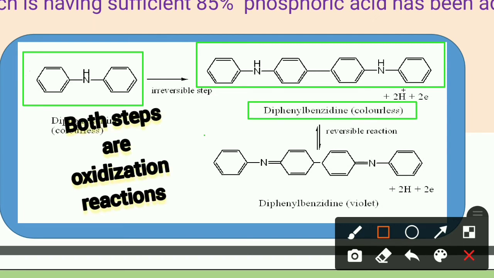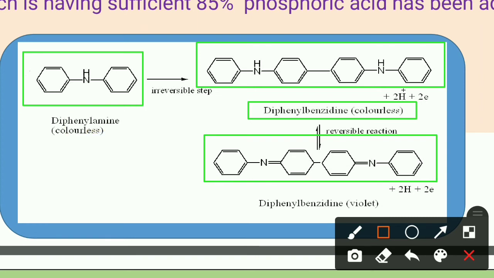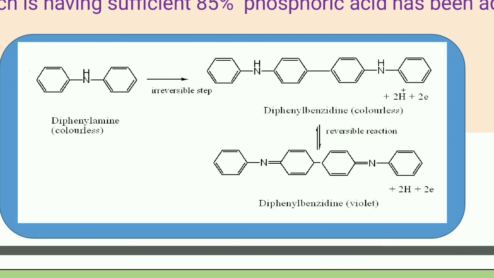Then it undergoes a reversible reaction to form diphenylbenzidine violet, which has a very intense violet color and looks purple. So this is the reaction of diphenylamine to form diphenylbenzidine violet.